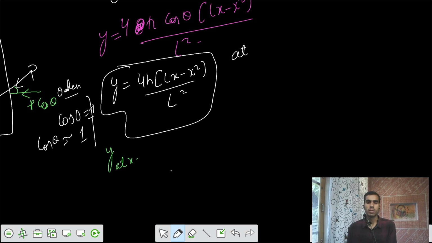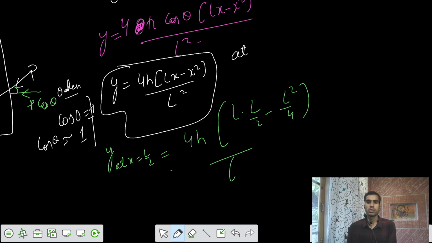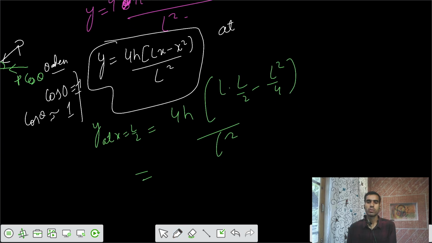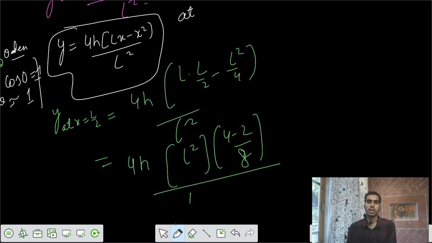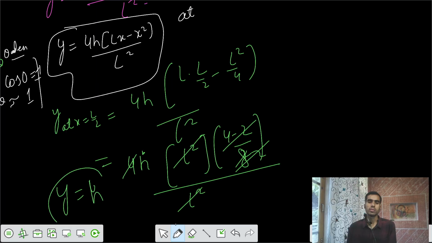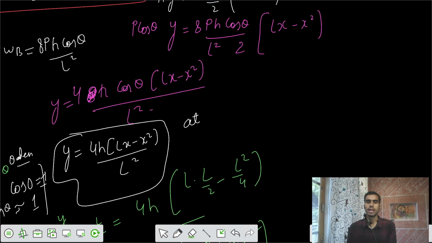At X equals L by 2, Y is 4H L into L by 2 minus L square by 4, divided by L square. That is 4H times (L square by 2 minus L square by 4), so L square by 4, divided by L square. So 4 into 1 by 4, and L square cancels, so Y equals H. So your value of Y equals H at that location.